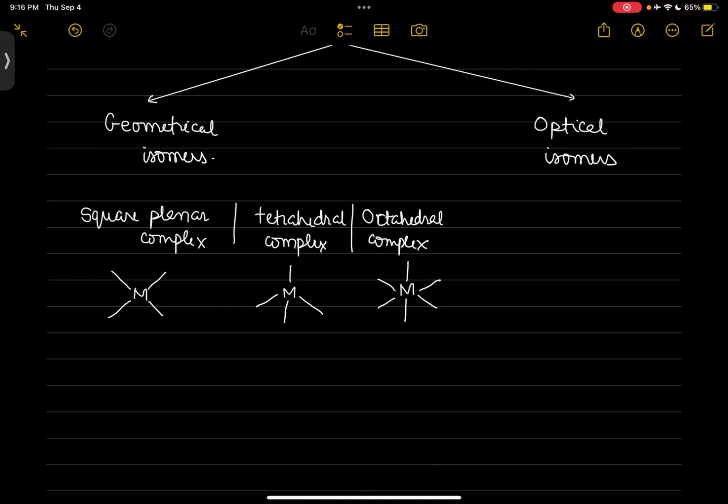Now tell me, which complex can show geometrical isomerism?